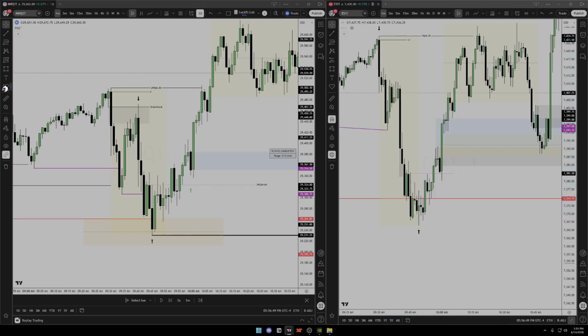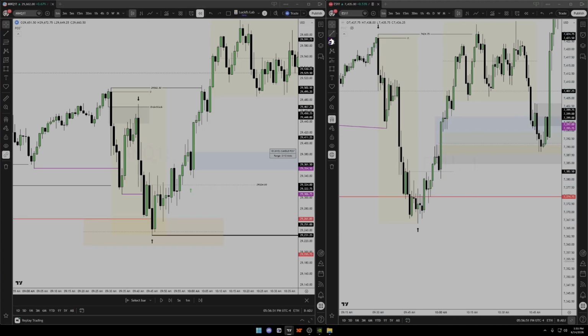So cool way to see how SMT divergence and chart correlation can tie hand in hand with formulating entries for yourself, and it's definitely something that you can use to your advantage when you do spot these things.